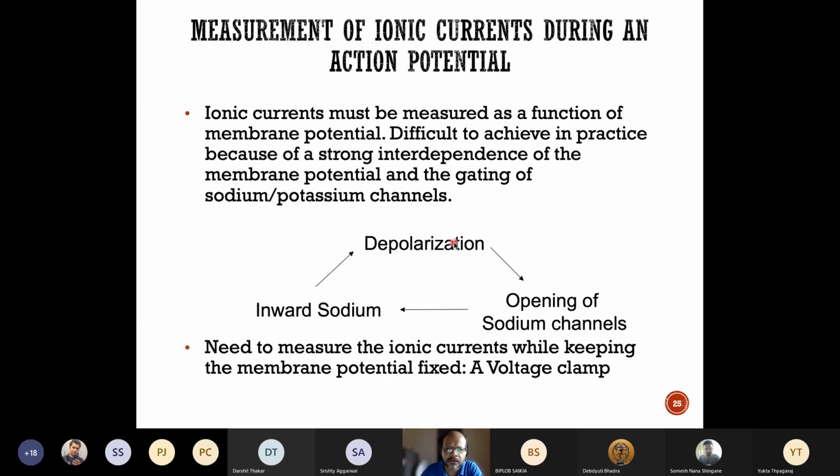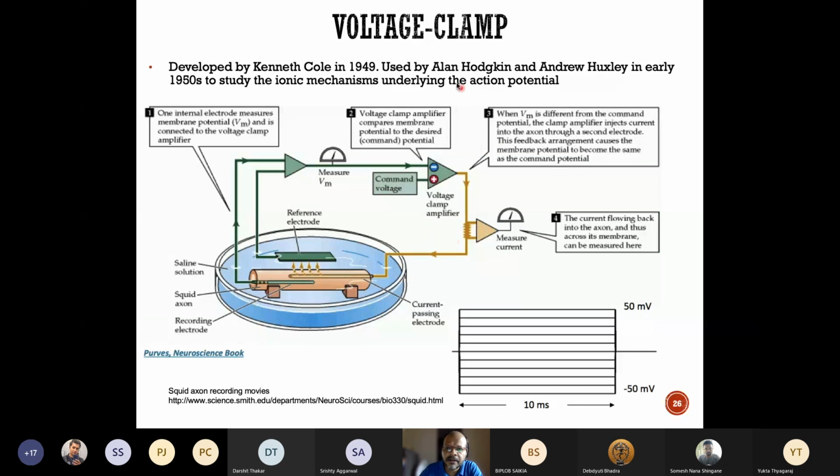The smart people that I'm talking about are Hodgkin and Huxley. There were other people involved as well, like Kenneth Cole, who developed this, and Hodgkin and Huxley modified it. There were Katz and some other people who were involved. But the story that I'm going to talk about is the story of Hodgkin and Huxley.